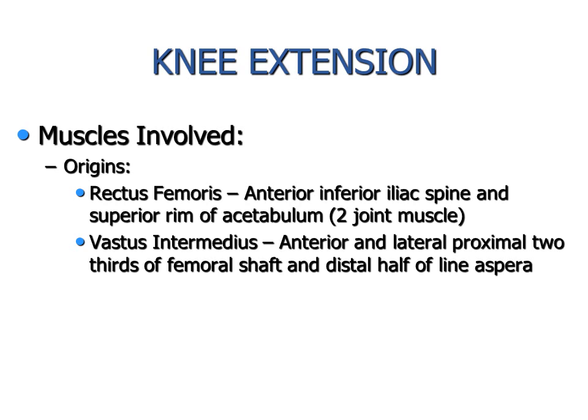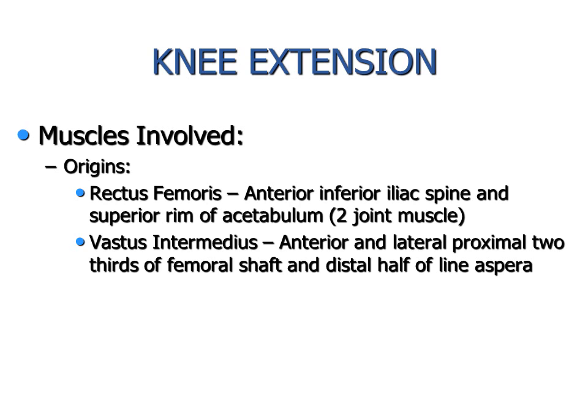The rectus femoris of the quadriceps is unique among the 4 muscles in that it's a 2-joint muscle. It has its origin above the hip joint at the anterior inferior iliac spine and superior rim of acetabulum. So it crosses the hip joint on its way down to the knee.